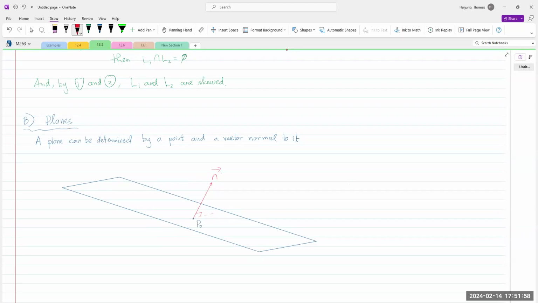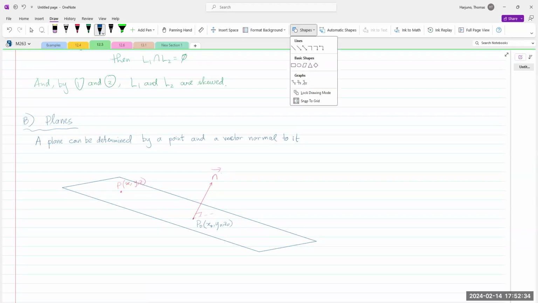Okay, now we will find the equation of the plane by doing the following. Suppose I pick any random point on that plane, call that point P with coordinates x, y, z, and we know one of the points contained in that plane is x naught, y naught, z naught.